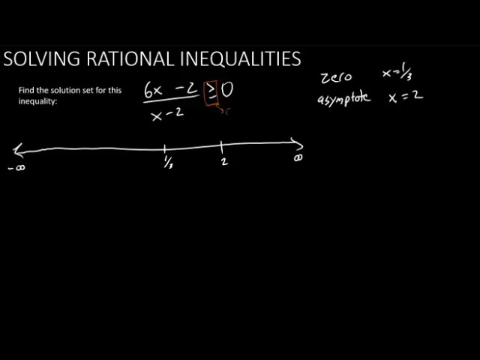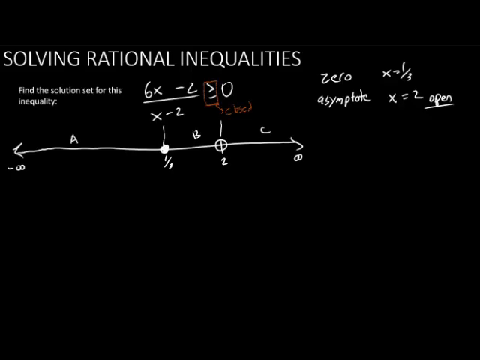Greater than or equal to will give us a closed circle. If this had been strictly greater, it would have been open. Therefore, we'll have a closed circle at 1/3. Then our asymptote will always be an open circle. So we'll put an open circle at 2, and this will split our number line into 3 regions, A, B, and C.